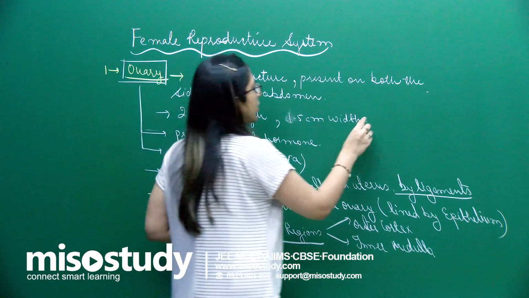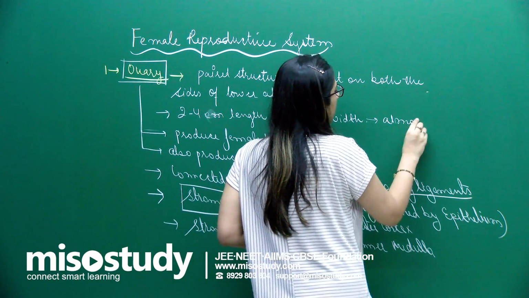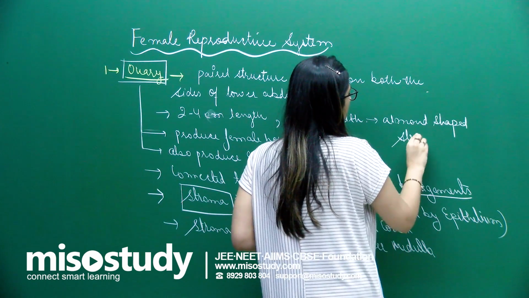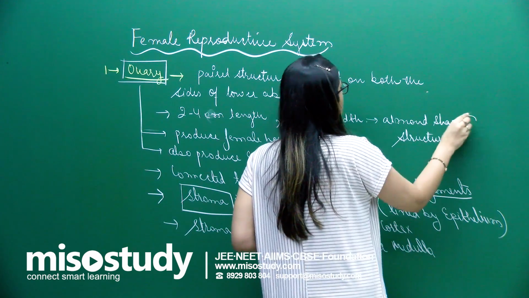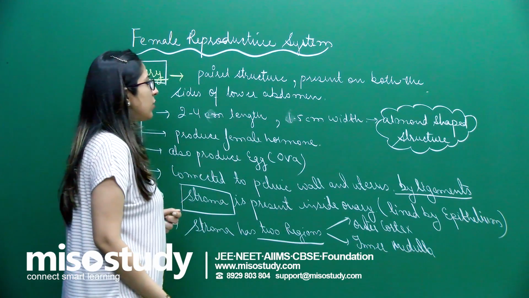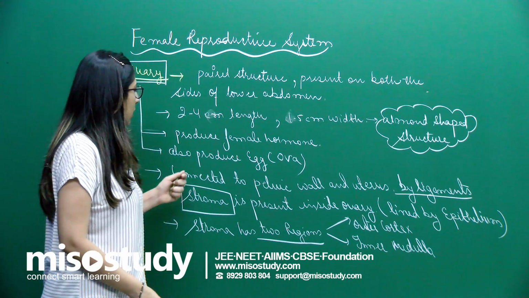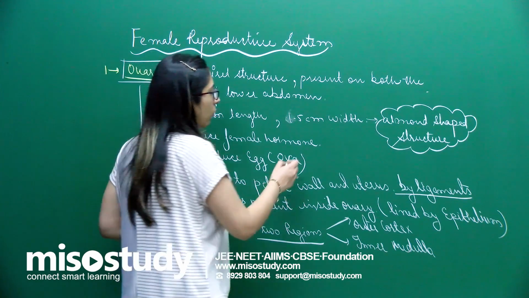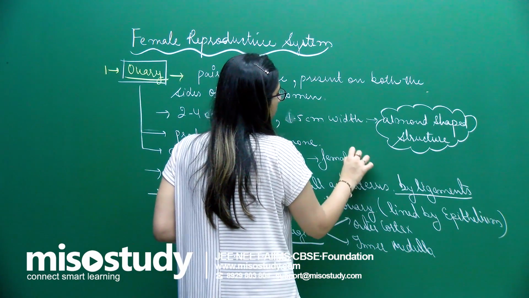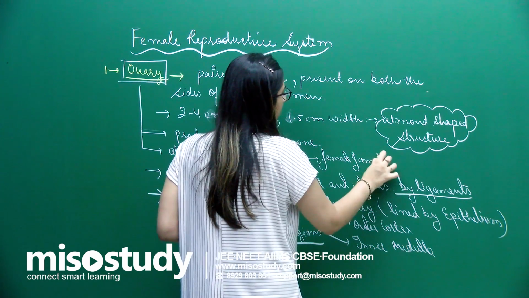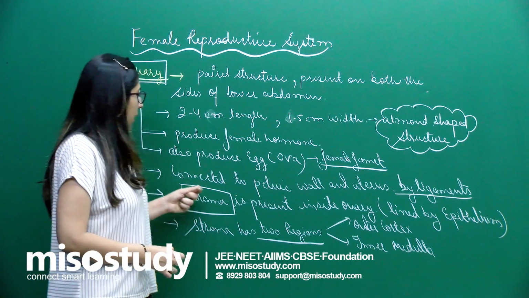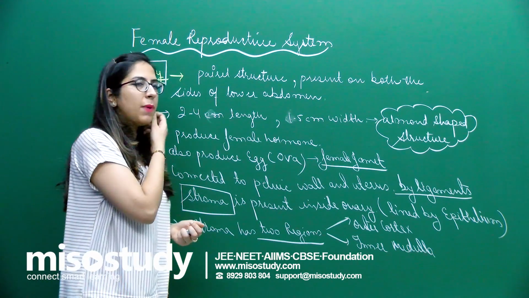They are almond shaped structures. They produce the female hormone. They also produce egg, which means ova, also called the female gamete. In case of male, the male gamete, sperm, we have already studied. The ovaries are connected to the pelvic wall and the uterus by ligaments.